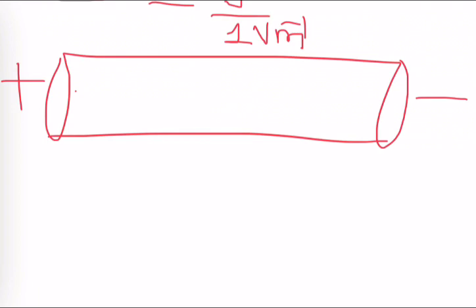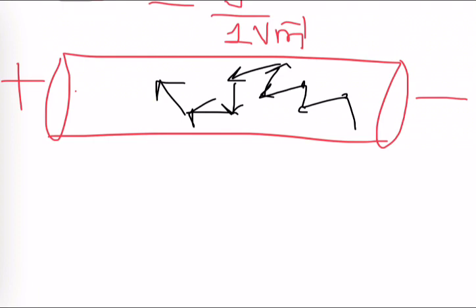The electrons are attracted towards the positively charged plate, but they cannot go straight because they collide with the atoms, and finally they drift towards it. The motion of the electrons under the electric field is not smooth.